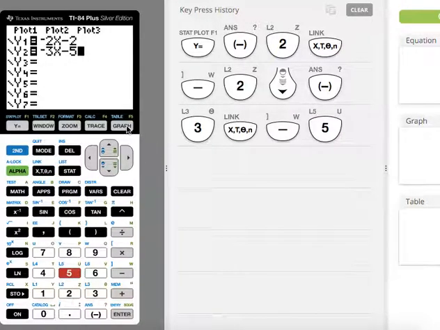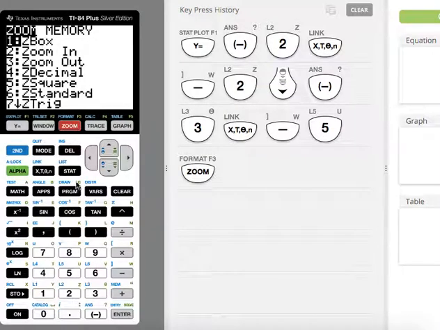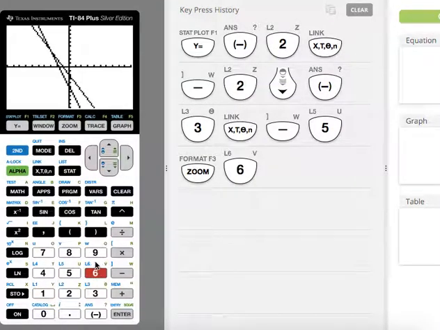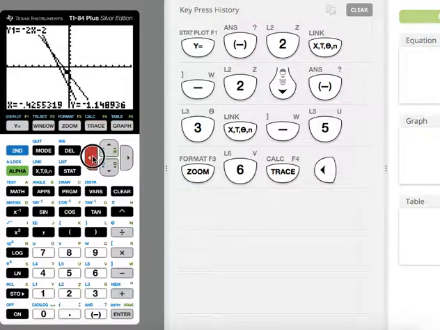And I'm going to go ahead and go zoom number 6, ZStandard, and I'm going to see both of these. And it looks like I'm going to have an intersection right around here, but let's find that. First, using our trace button and going as close as we can to it. Looks like it intersects about there, so maybe like (-3, 4), something like that.